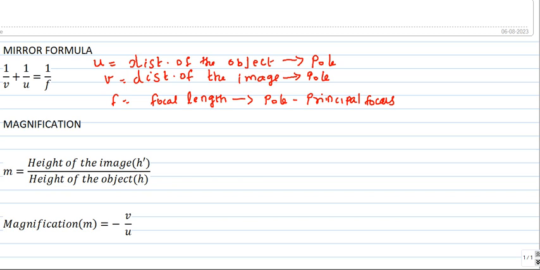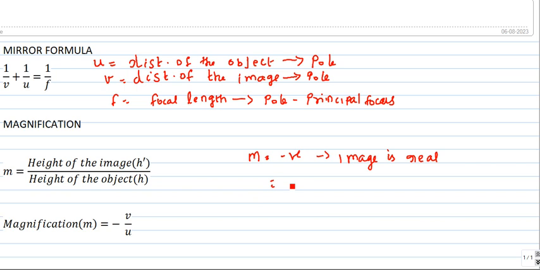Again in this magnification formula we have to remember the new Cartesian sign convention. When we have a negative sign in magnification, say if your m is negative, it means that the image is real.